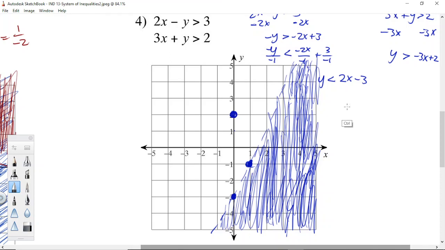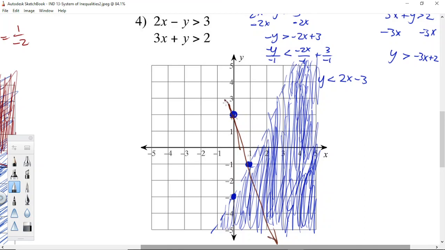I should change those, though. Well, I've got too much stuff I've drawn since then. They'll just stay blue. Okay, so we'll connect them. Seem to cross right on that same point.